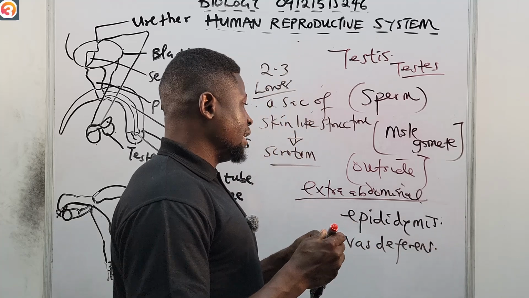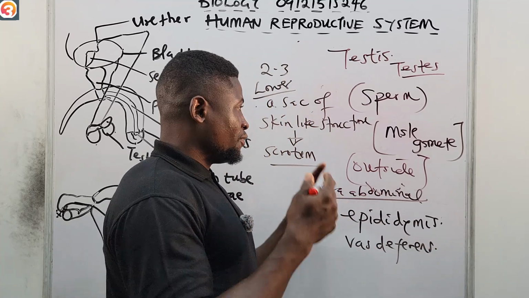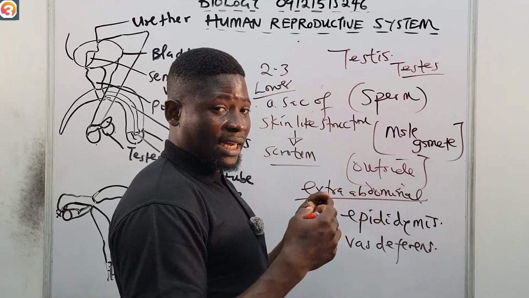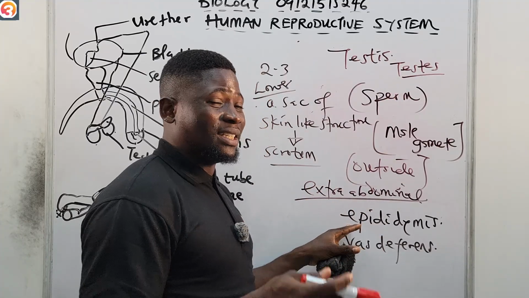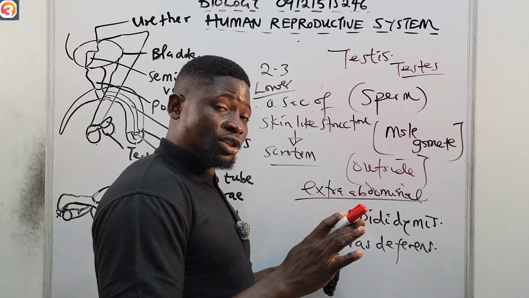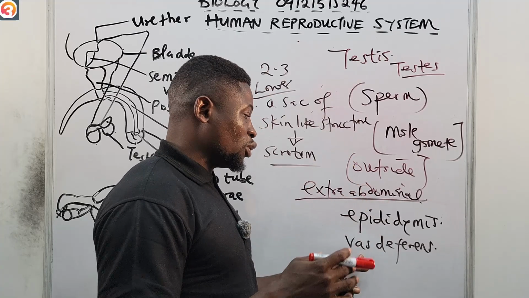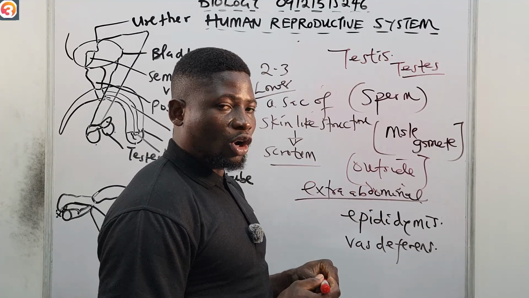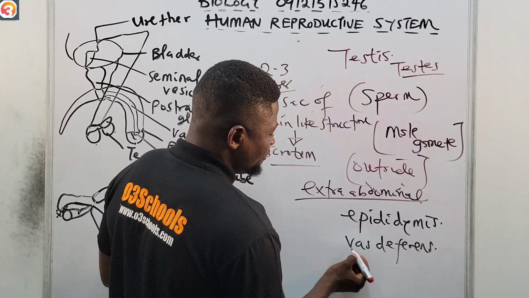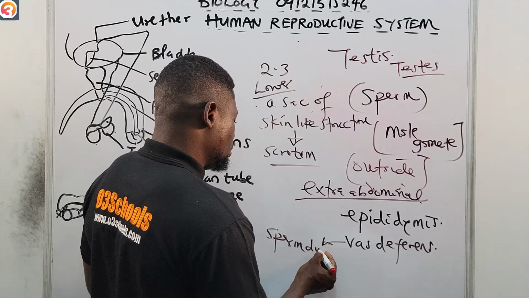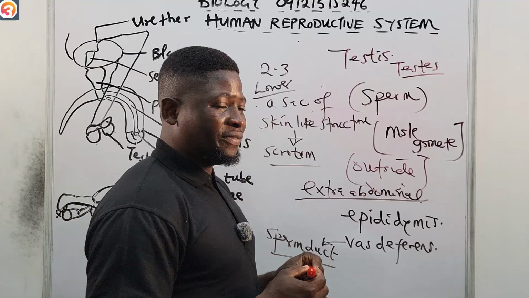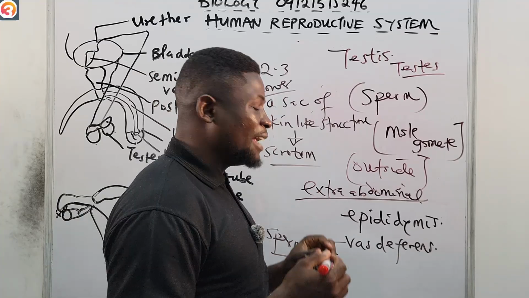So once the sperm is produced in the testis, it goes to the epididymis, where it is stored for a while. Then it goes to the vas deferens, also called the sperm duct.